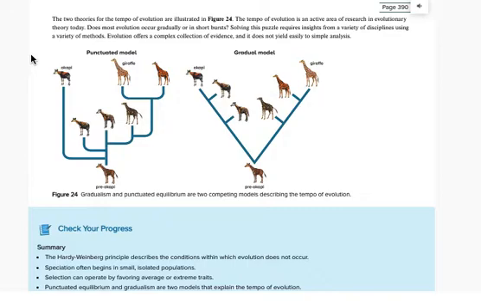There's a disease, there's a volcanic eruption, some kind of change that happens, and only some survive, and they're the ones that were fit enough to survive in that situation, and their traits get passed on.